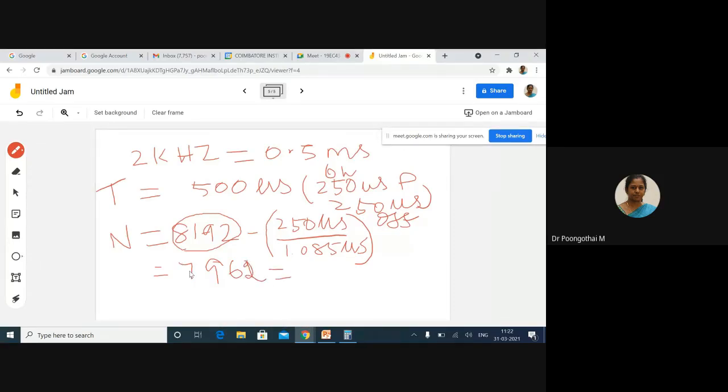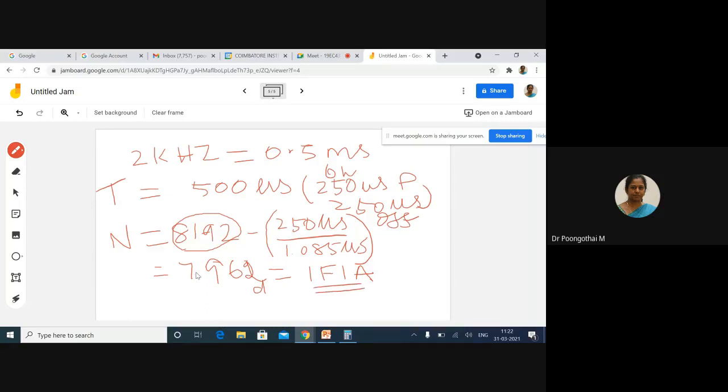Convert this value into hex. So what is the answer? 1F1A. So this is the 16-bit value.